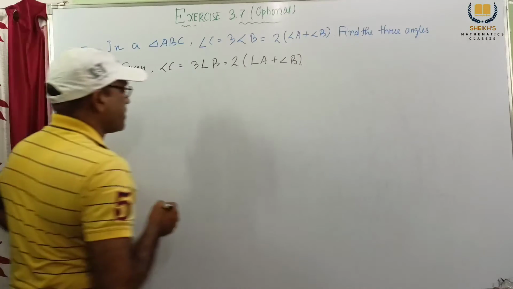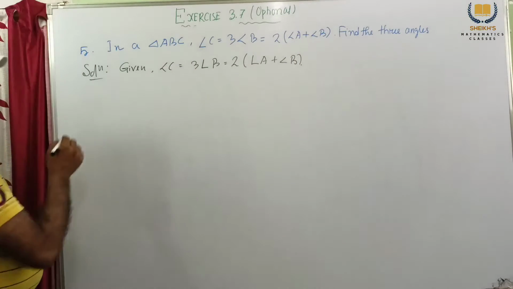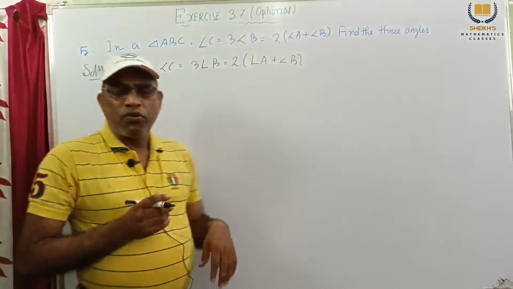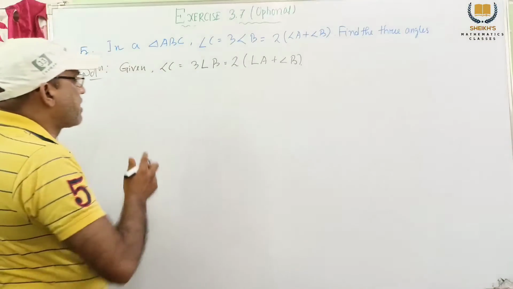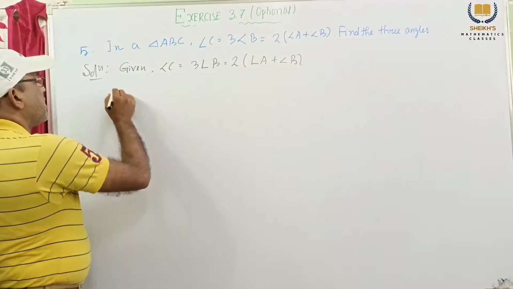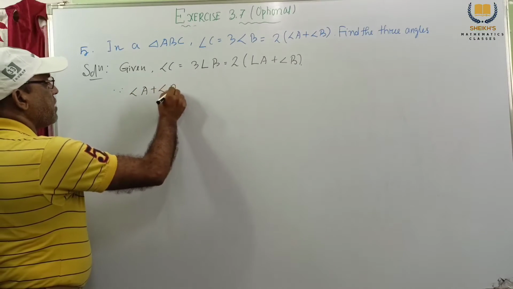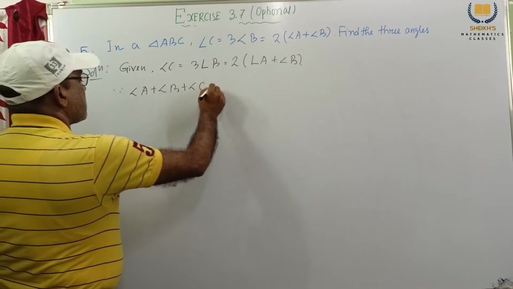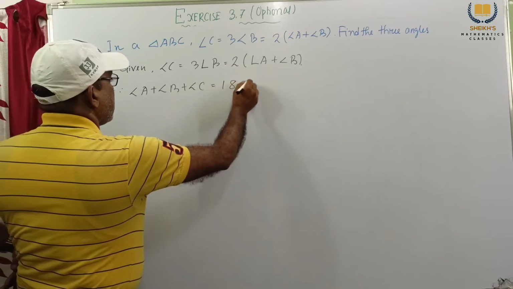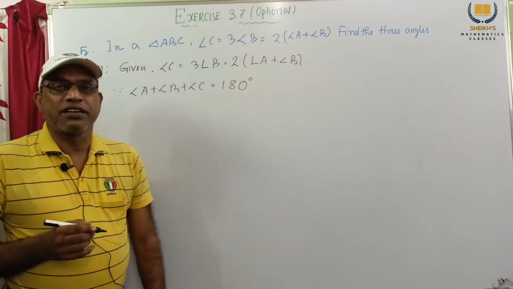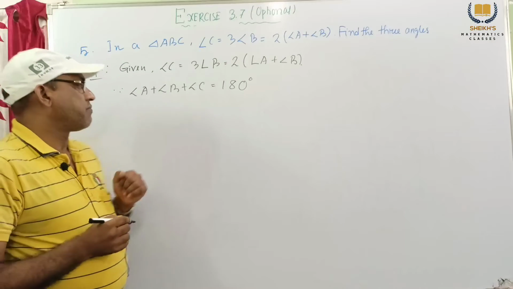This is the given condition. By angle sum property, we know the sum of the three angles equal to 180. Since angle A plus angle B plus angle C equal to 180 degree by angle sum property. We know this formula.